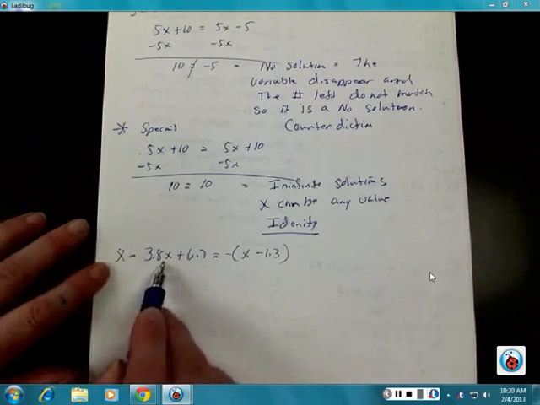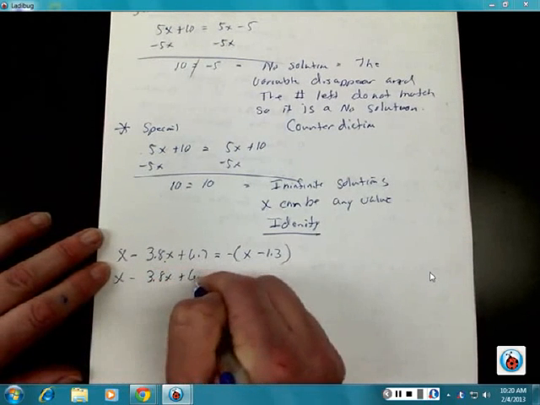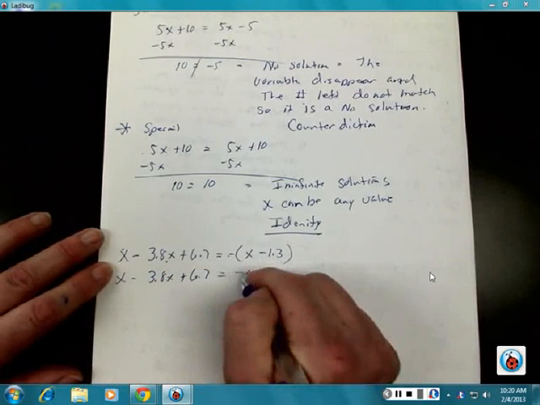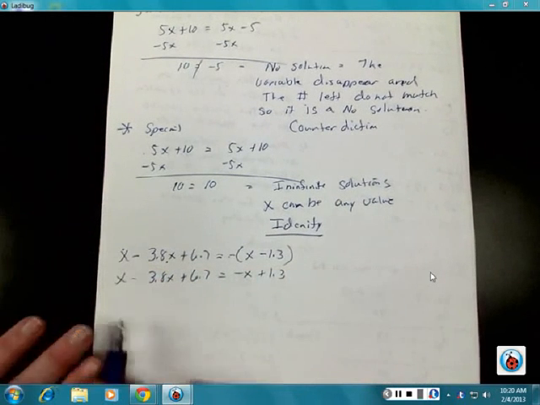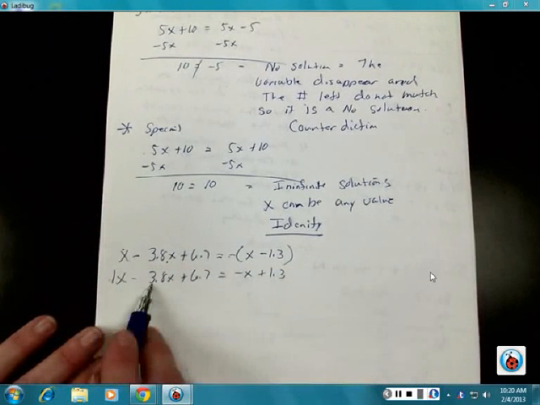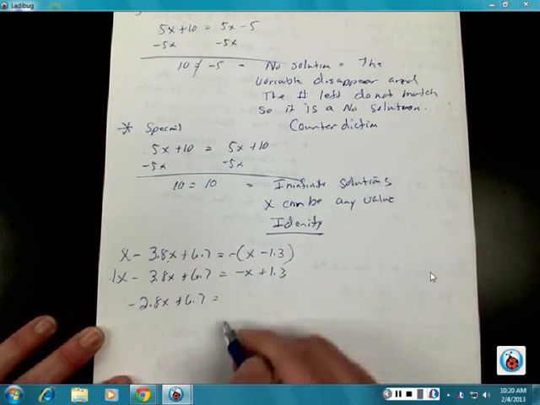First I got to clear out the distribution, so I get a negative x plus 1.3. Combining, there's a 1 in front of there, with that gives me a negative 2.8x plus 6.7.